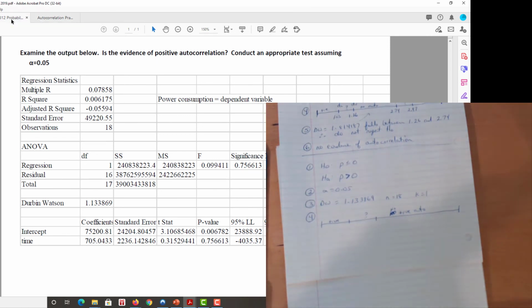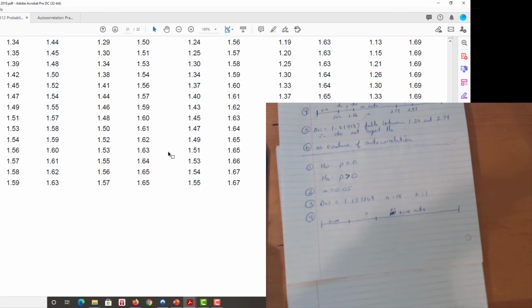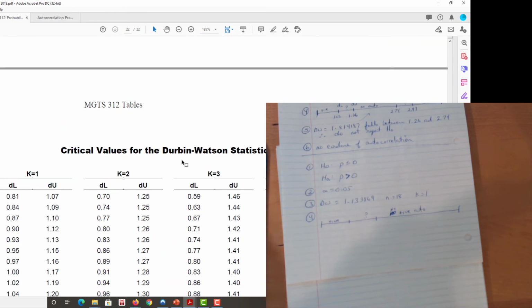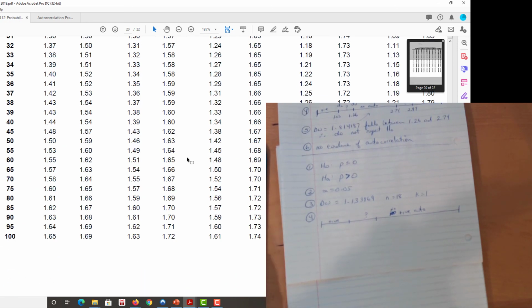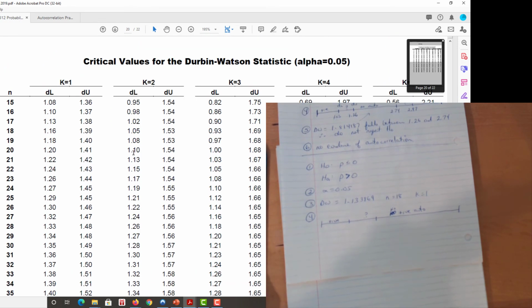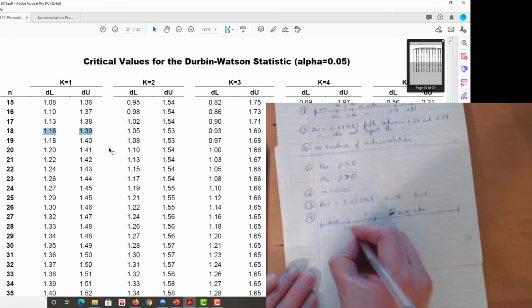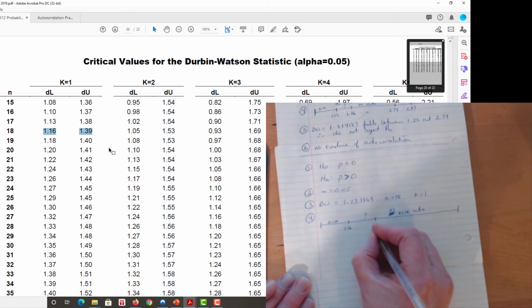Now here we're just looking with 0.05, so we scroll up to the 0.05 portion. Okay, and n is equal to 18, k is equal to 1. So there's where I'm at. And so I have 1.16 and 1.39.